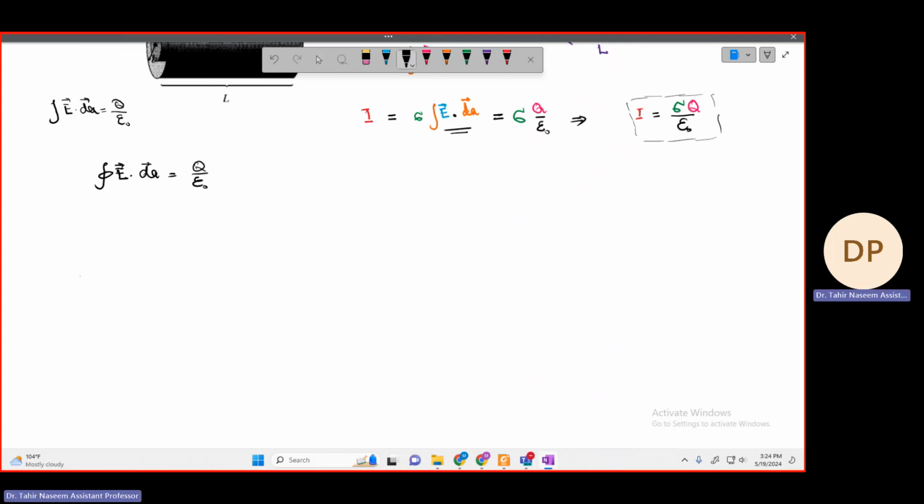So the problem here is we have two cylinders, the inner one and the outer one, two. So what we can do is we can assume a Gaussian surface around the inner cylinder.